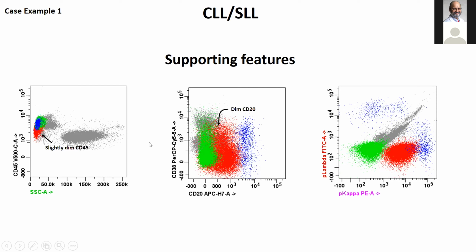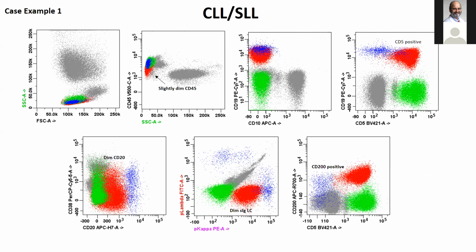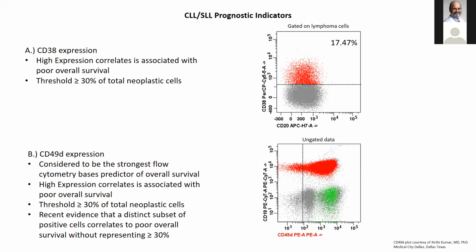Over here, we have nice dim expression of CD20, very characteristic of CLL/SLL versus the polytypic B cells painted blue here. So here's our CD20 coming across. And then again, we've got dim expression of surface immunoglobulin compared to these kappa expressing polytypic B cells. So CLL/SLL is what this one most likely represents.